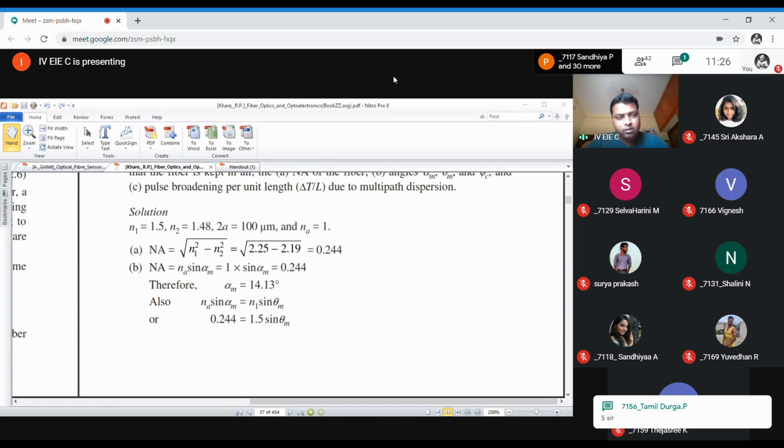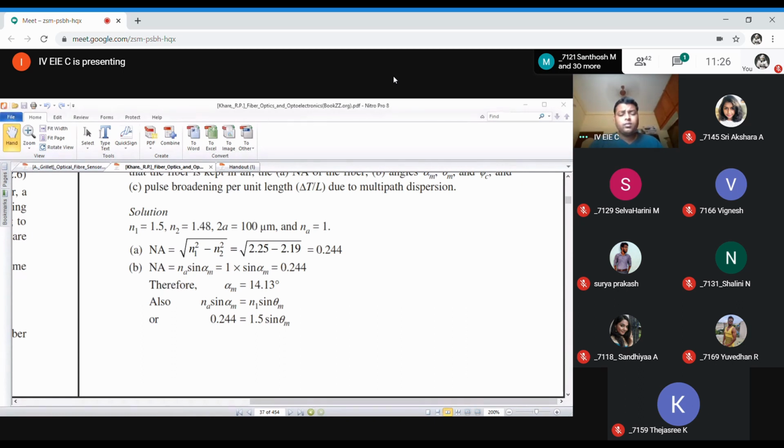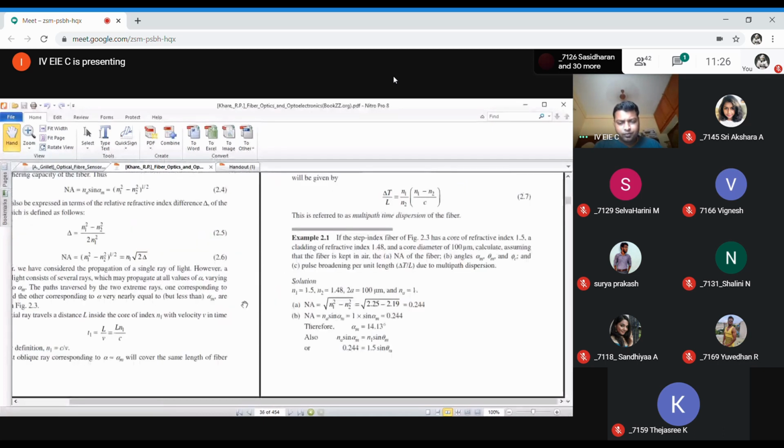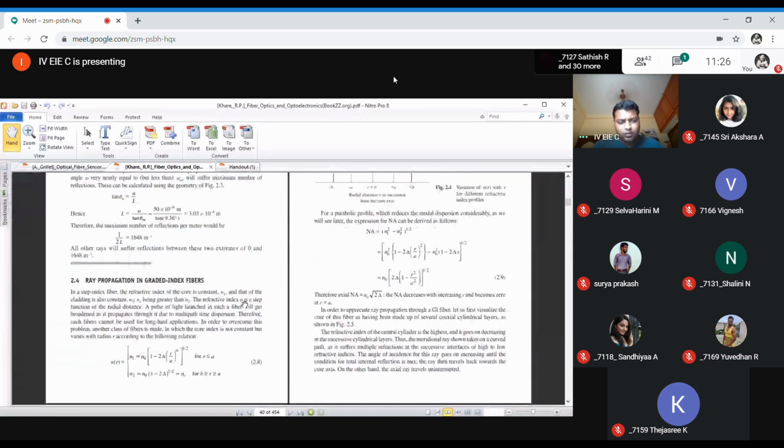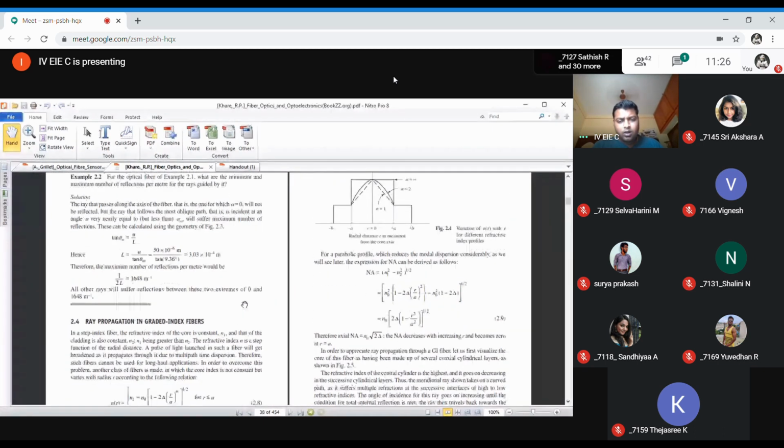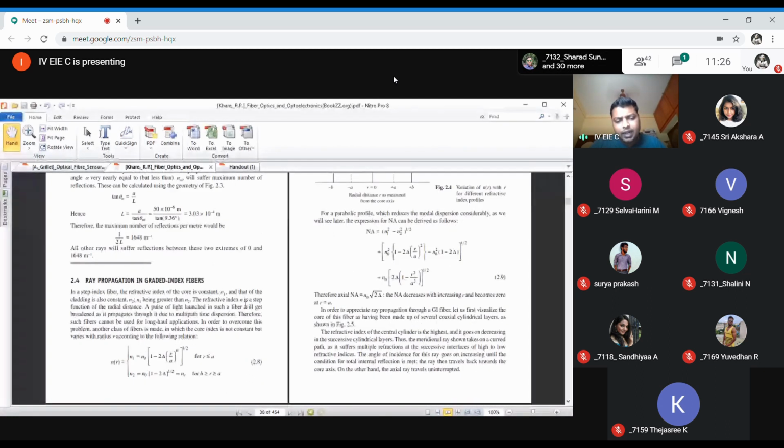Clear? Okay. Now, what we are going to see next is the ray propagation in graded index fibers.